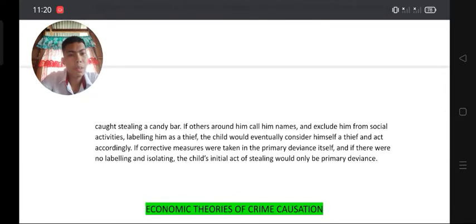If others around him call him names and exclude him from social activities, labeling him as a thief, the child will eventually consider himself a thief and act accordingly. If corrective measures were taken at the primary deviance itself, and if there were no labeling and isolating of the child, the initial act of stealing would only be primary deviance.